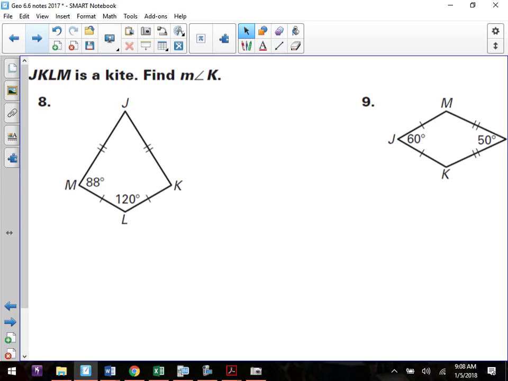Also try to make sure you remember the sum of the interior angles of some of the figures. With this having 4 sides, what's the sum of the interior angles? What was the sum of the interior angles for everything that has 4 sides? 360.